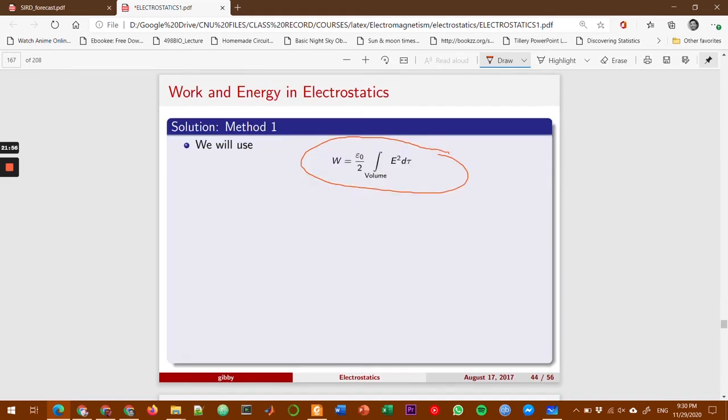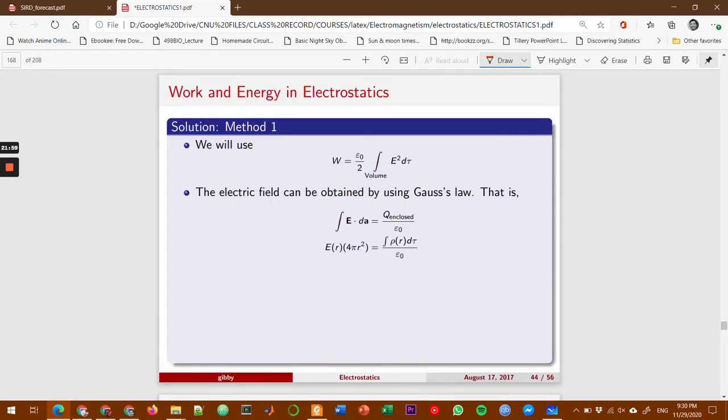We have kr. Okay. So the electric field can be obtained by using Gauss's law, of course, given by this equation, right? This is the general formula for Gauss's law. Okay, if you have your sphere, whether your Gaussian surface is inside, the area of the Gaussian surface is actually 4 pi r squared.